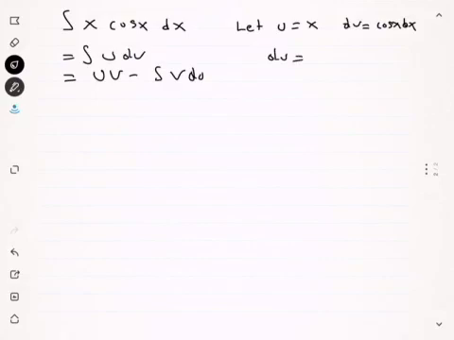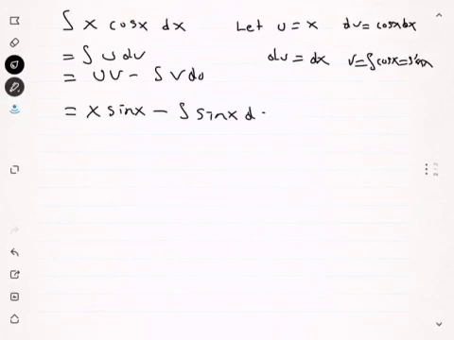So if u is x, then du is dx, and v is the integral of cosine, so that's sine.